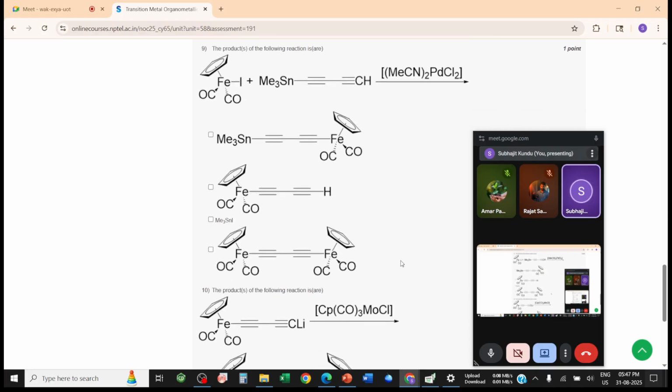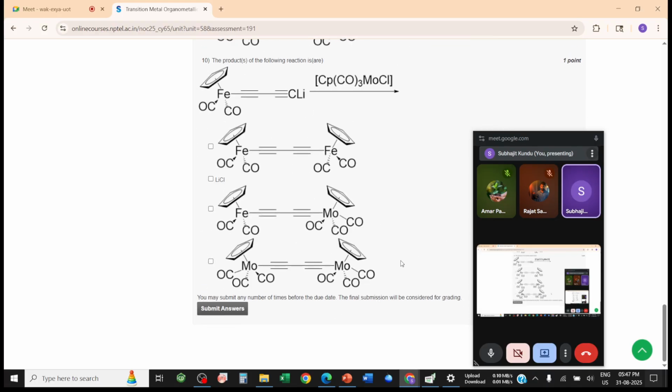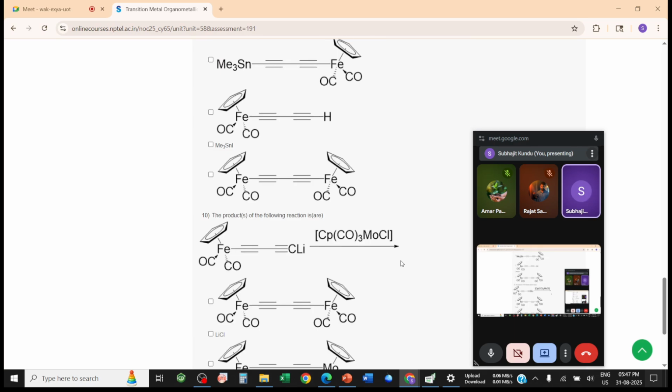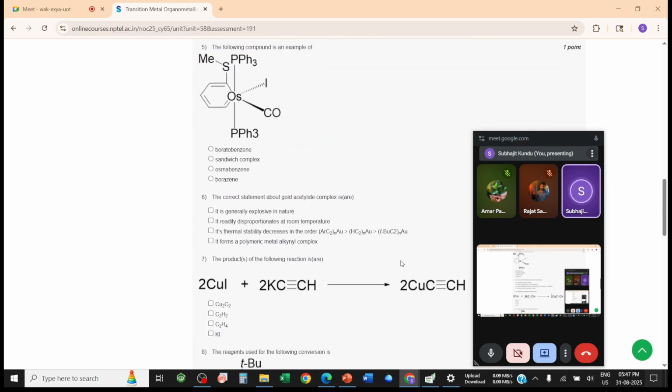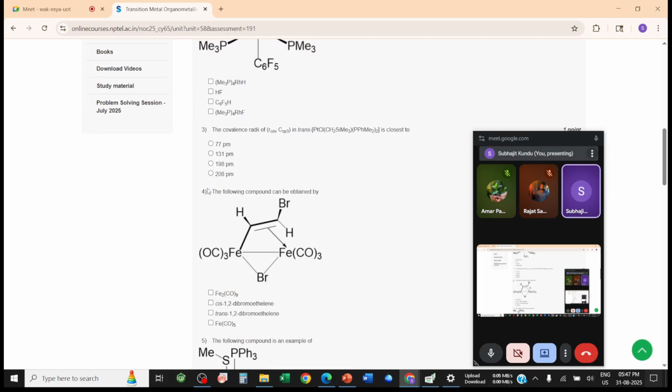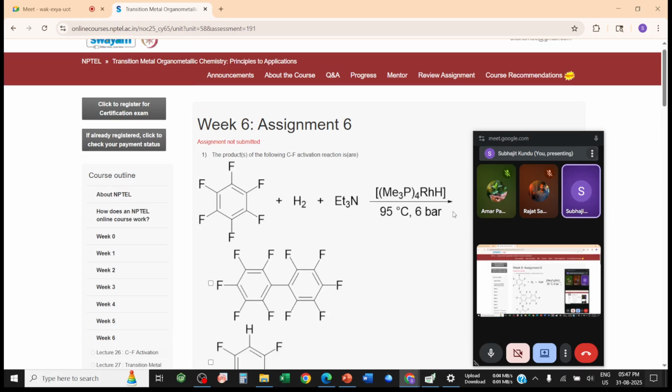I think theoretical questions will be minimum and reaction-type questions maximum. Sometimes I have seen a question saying how the following compound can be prepared. This is your product, so you have to answer the reactant. It may be an MCQ or an MSQ, so the reactant may be 1, maybe 2. You understand this, right?